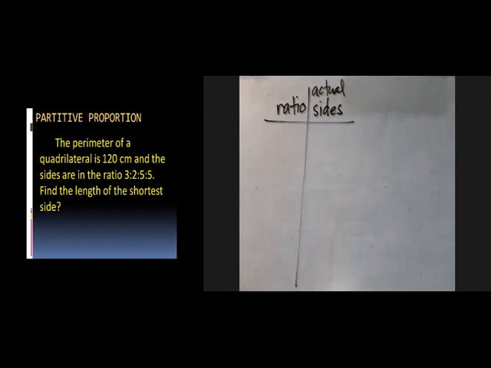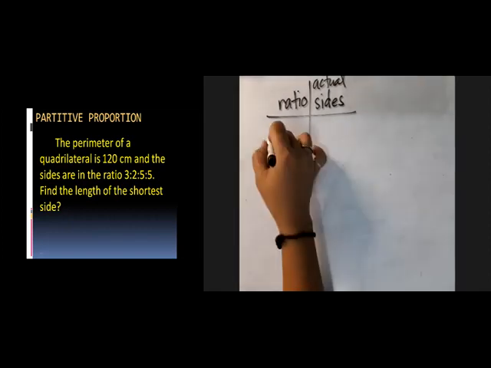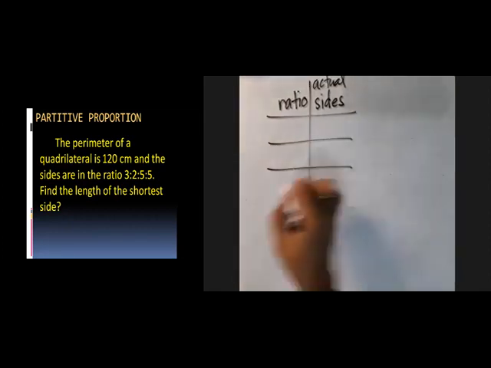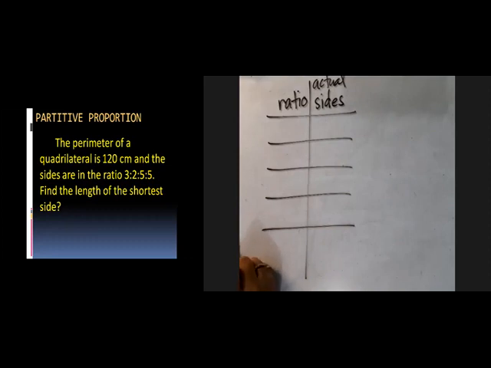Okay? And then, we fill in now the table with the number of terms that we have based on our problem. It's 3:2:5:5. So, 1, 2, 3, 4. Yung panghuli natin, that will be total. Okay, total yan.